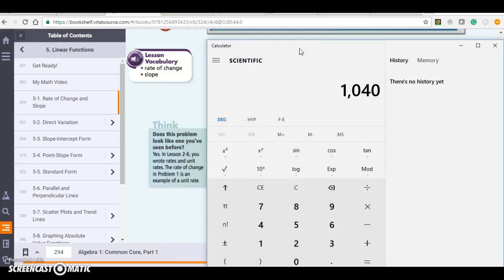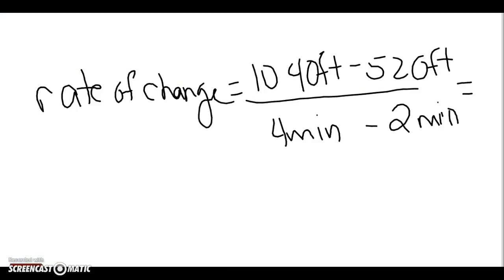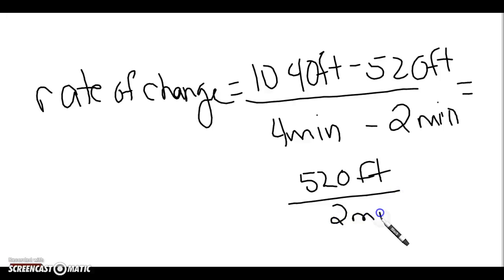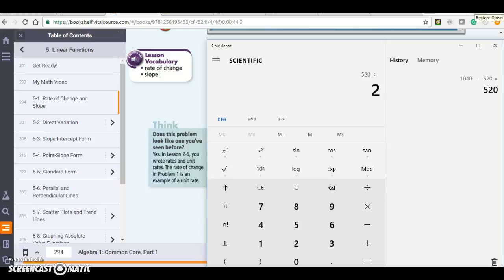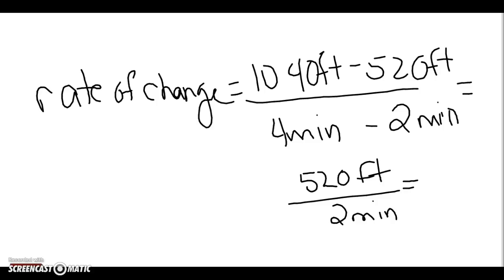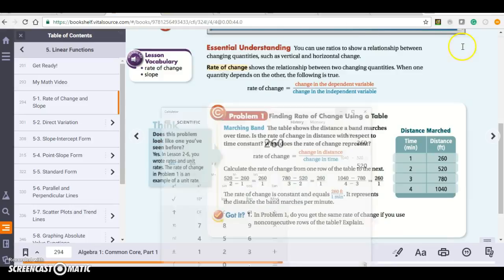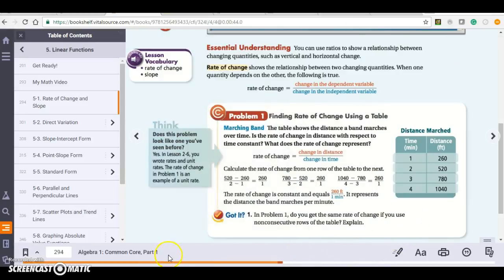We get 1040 minus 520, which is 520. And 4 minus 2 is 2 minutes. I need to reduce that as much as I can, so I'm going to divide, and I get 260. So I get 260 feet per minute. So it is the same, so that means that it's constant. And I hope that this helps.